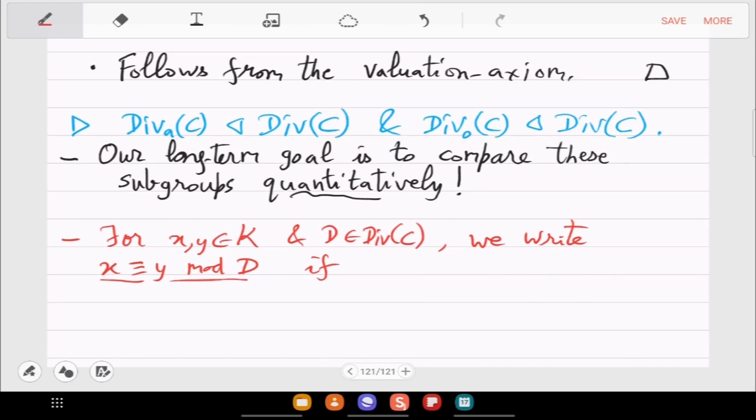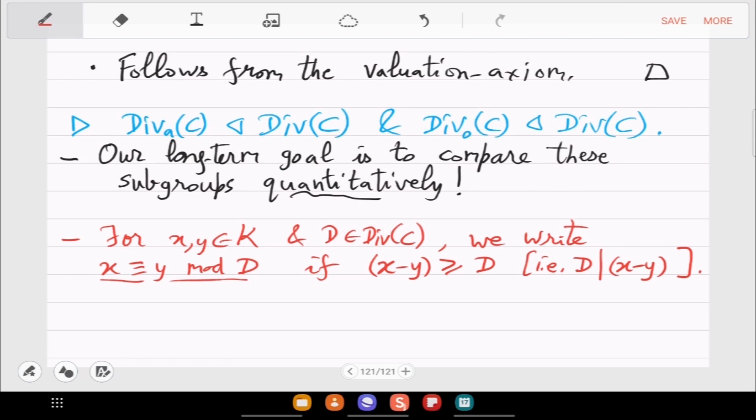When would you want to call x and y congruent modulo some principal divisor d? When x minus y is a multiple of d, right? The function that d defines, if that divides x minus y, then here we will write it as x minus y greater than or equal to d. Or when d divides x minus y.